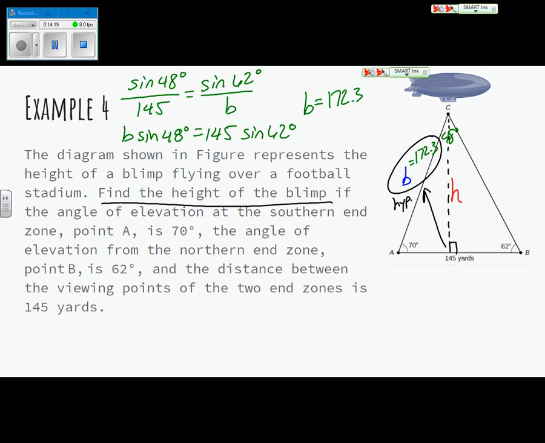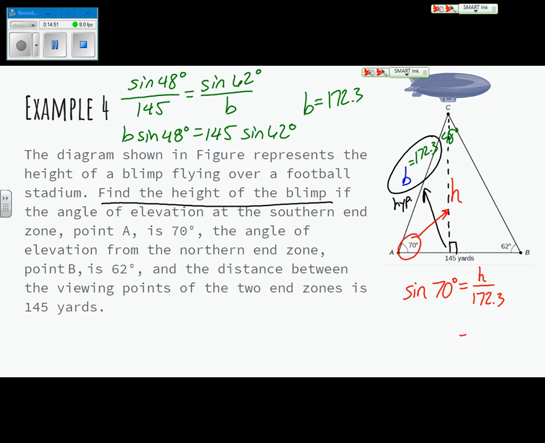So I got to dig way back in my back pocket, what we covered last week, of which trig function am I using. If I know that this angle is 70 degrees, I'm wanting the opposite, and I know the hypotenuse. Well, it has to be sine. Sine of that 70-degree angle is going to equal the opposite, which I unfortunately labeled as h because I was saying height, over the hypotenuse we just found, 172.3.